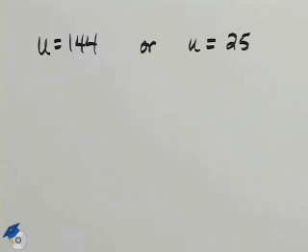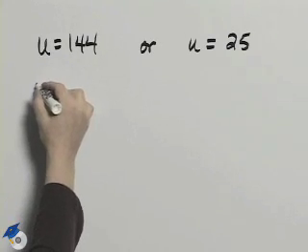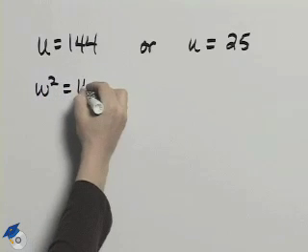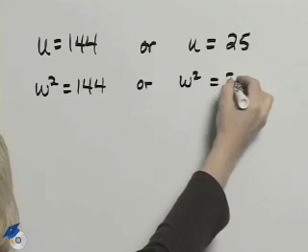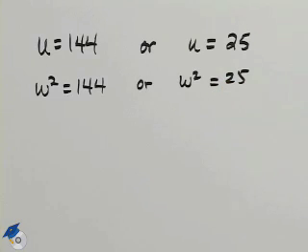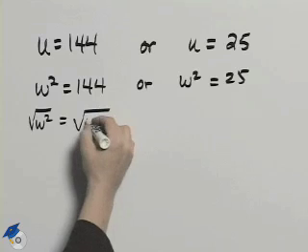Remember that we're trying to find W instead of U. We said that U was equal to W squared, so we can rewrite this as W squared equals 144, or W squared equals 25. We can take the square root of both sides of this equation.